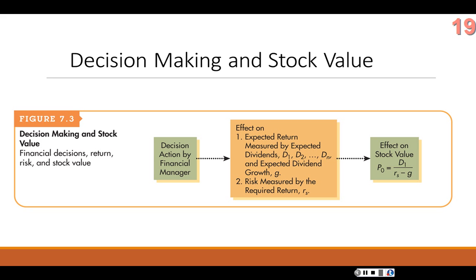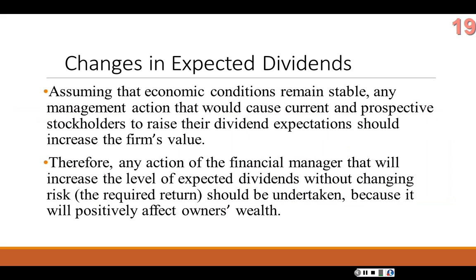So each of these factors has to be considered when making a decision. Any management action that could cause current and prospective stockholders to raise their dividend expectations should increase firm value. So if they can increase dividends without changing risk, they should take these actions.